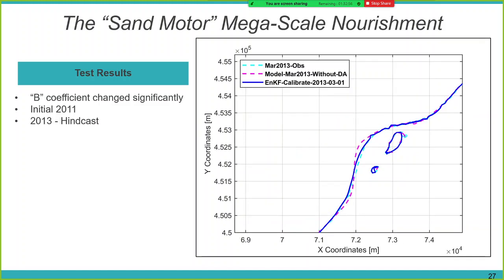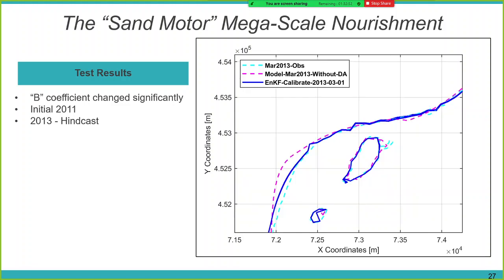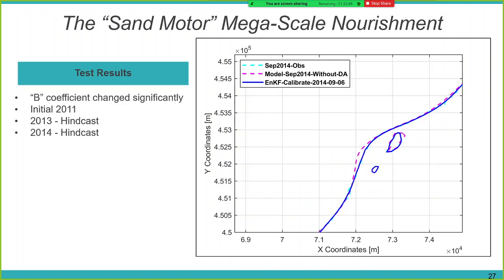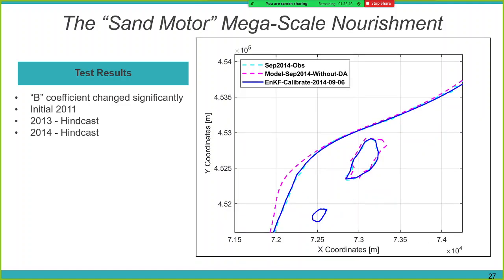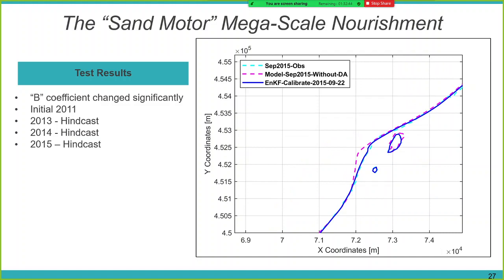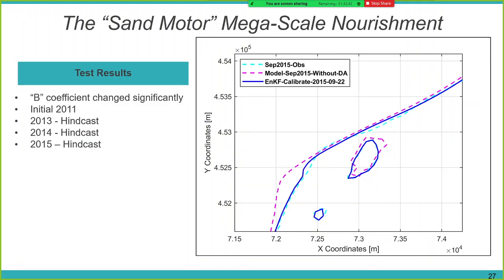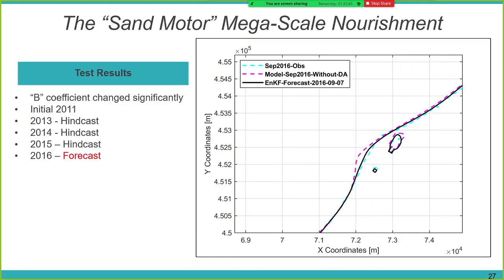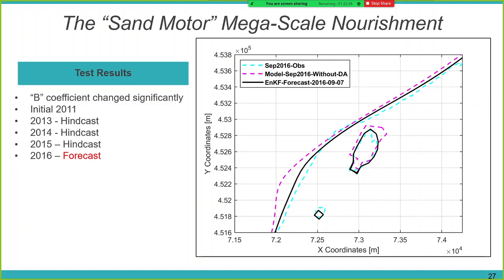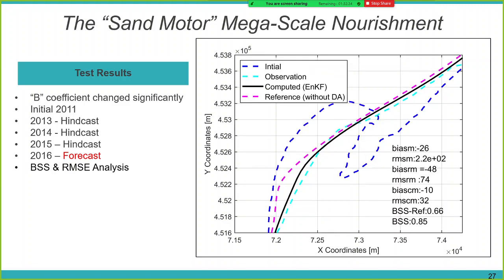The hindcast first data assimilation step at 2013 showed some oscillations in the ensemble Kalman filter results. However, this was fixed along the data assimilation process in 2014 and 2015, as well as a success in the forecast at 2016, showing very good results.